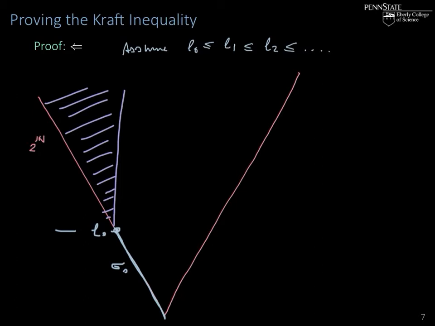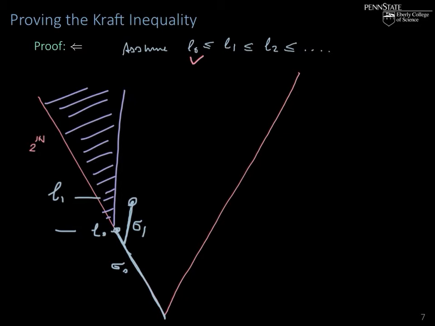Now that we have chosen our string of length L0, L0 gets a check mark here, we pass to the next length, L1, and we choose the leftmost string that is still possible, right? So that's not in this cylinder here, that is of length L1. That could look like this. So this would be our string sigma 1, and it would have length L1.